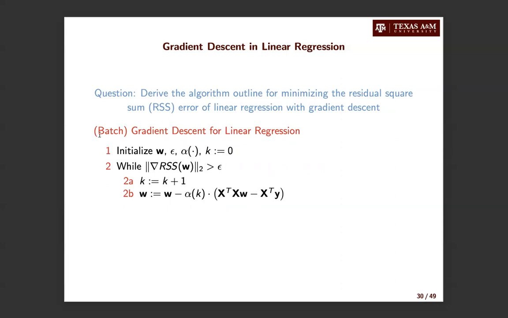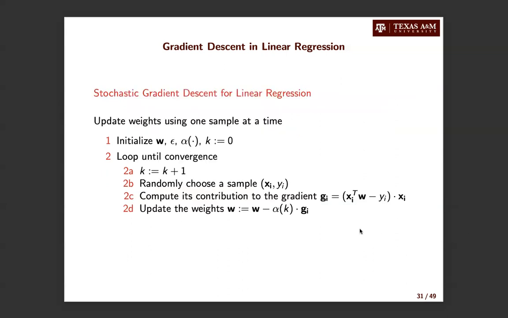So what we have seen so far is what we call batch gradient descent, which means that we keep updating our weights based on all our training data until our model converges. Moving forward, we're going to see what happens when we update our weights based on only one sample at a time instead of all our data.